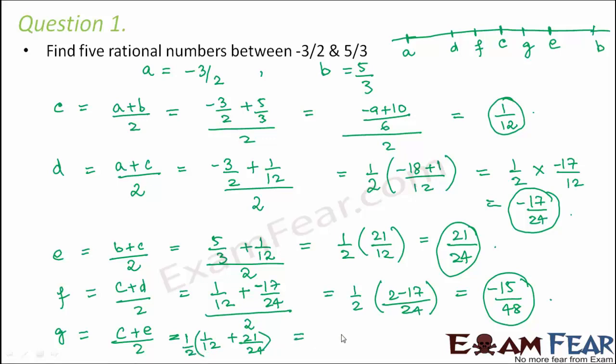So this comes out to be 1 by 2 into (2 plus 21) divided by 24, which comes out to be 23 by 48. So these numbers, that is D, F, C, G, E, these are 5 rational numbers that lie between minus 3 by 2 and 5 by 3.